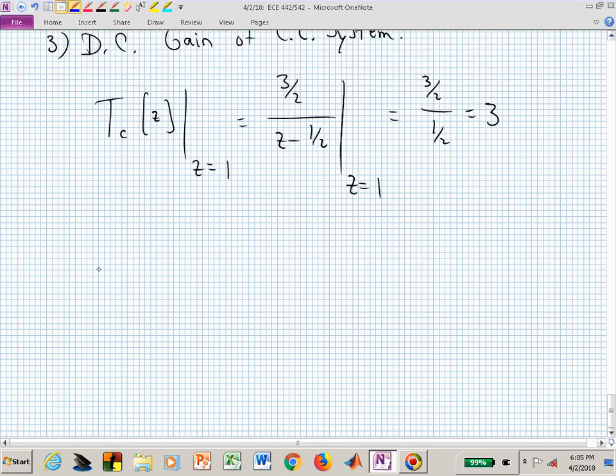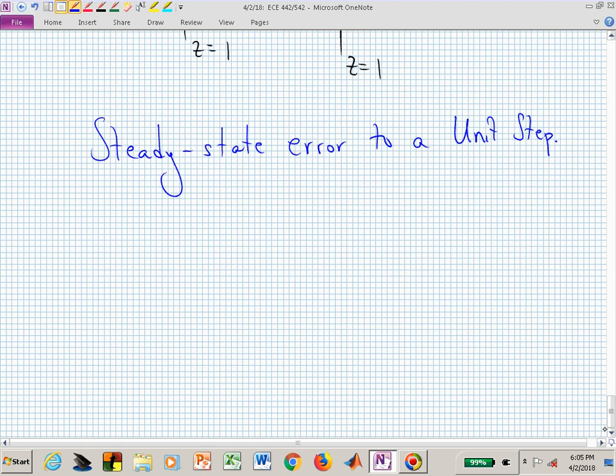And now you might say, well, what does that mean? Well, let's look at what happens to our system as far as its steady state error if we apply a unit step to this closed loop system. Our steady state error due to a unit step. What's R look like for all time if we are applying a unit step? What's R of n?